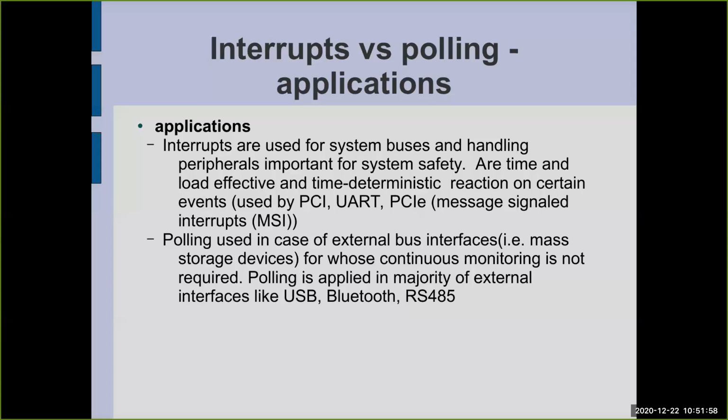What about applications? I mentioned the applications of polling and interrupts. So interrupts are usually used in integrated systems, where we have peripherals which are physically integrated with the controller or master side.